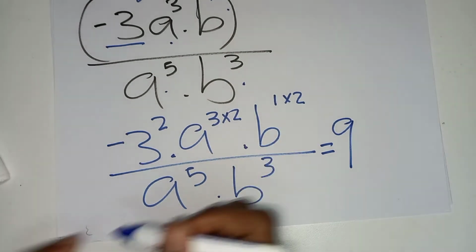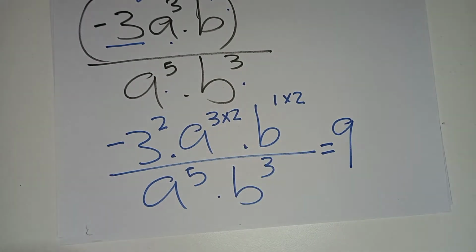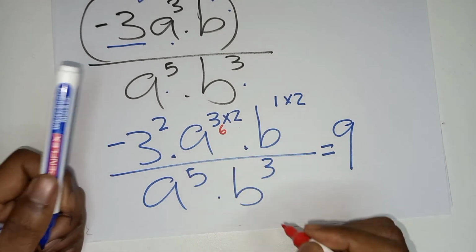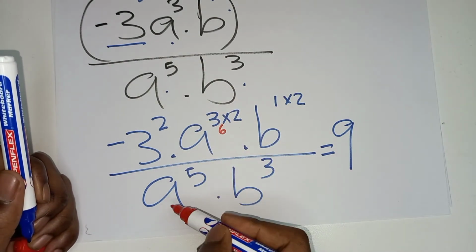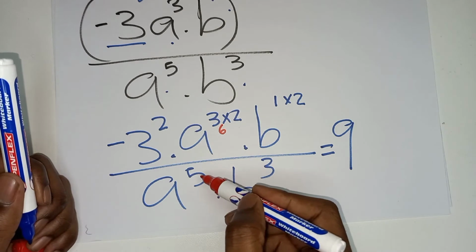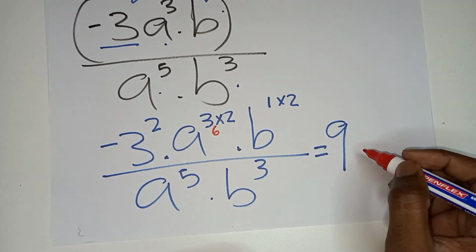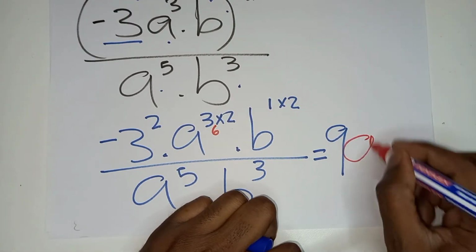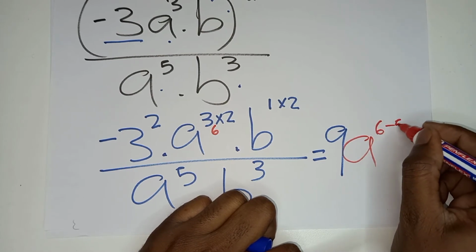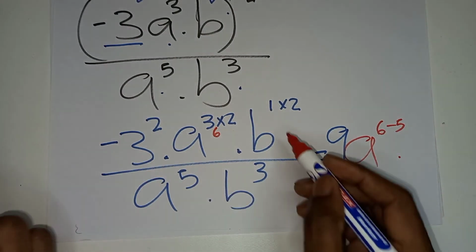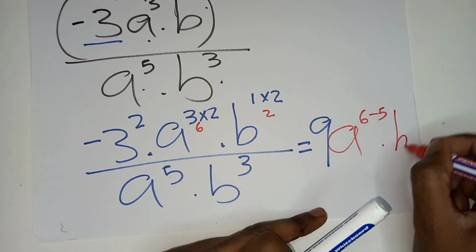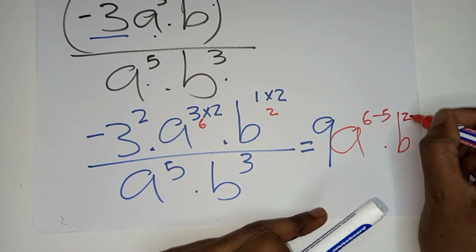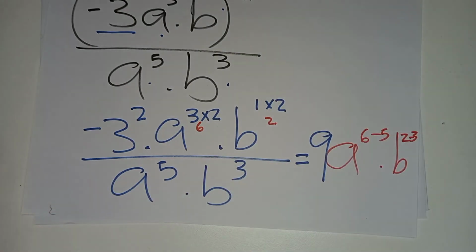And 3 times 2 is 6. Then we have a to the 6 divided by a to the 5, which is a to the exponent of 6 minus 5, times b to the exponent of 2 minus 3.